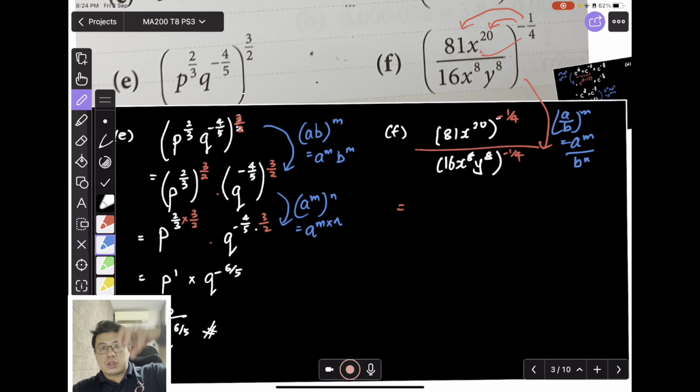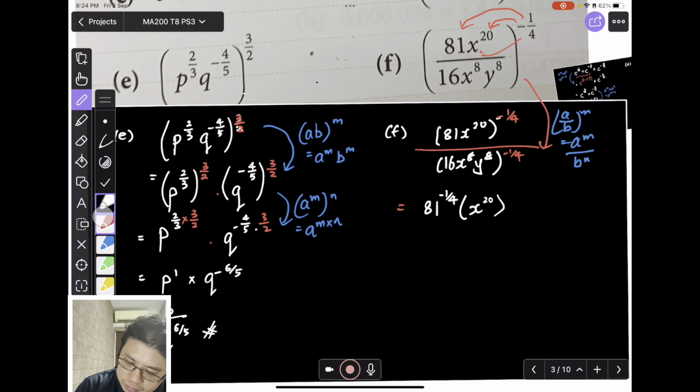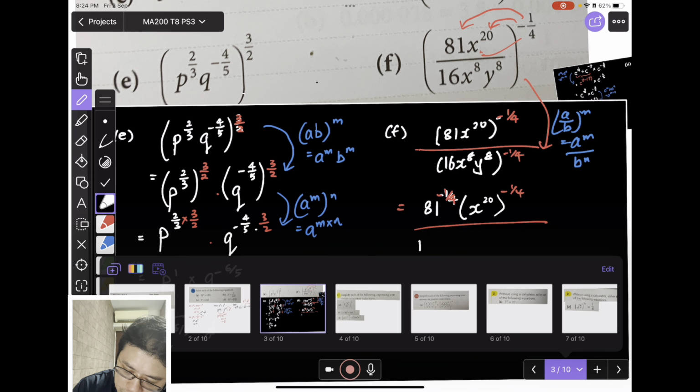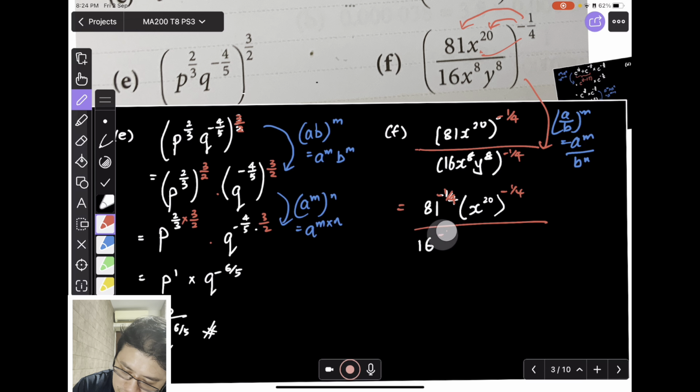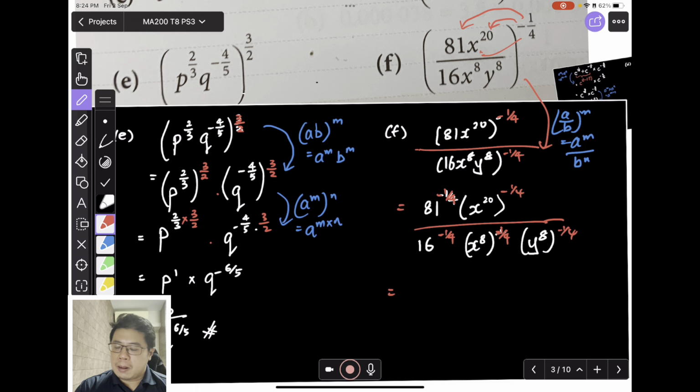So I can split the powers into the numerator and the denominator. Then this will be the same as 81 to the power negative 1/4, x to the power 20 to the power of negative 1/4 as well. Okay, so the negative 1/4, you can see I put it in red. You can see how it's being distributed to every single term, and x to the power 8 to the negative 1/4, y to the power 8 to the negative 1/4. Okay, see how it's being distributed to everybody.